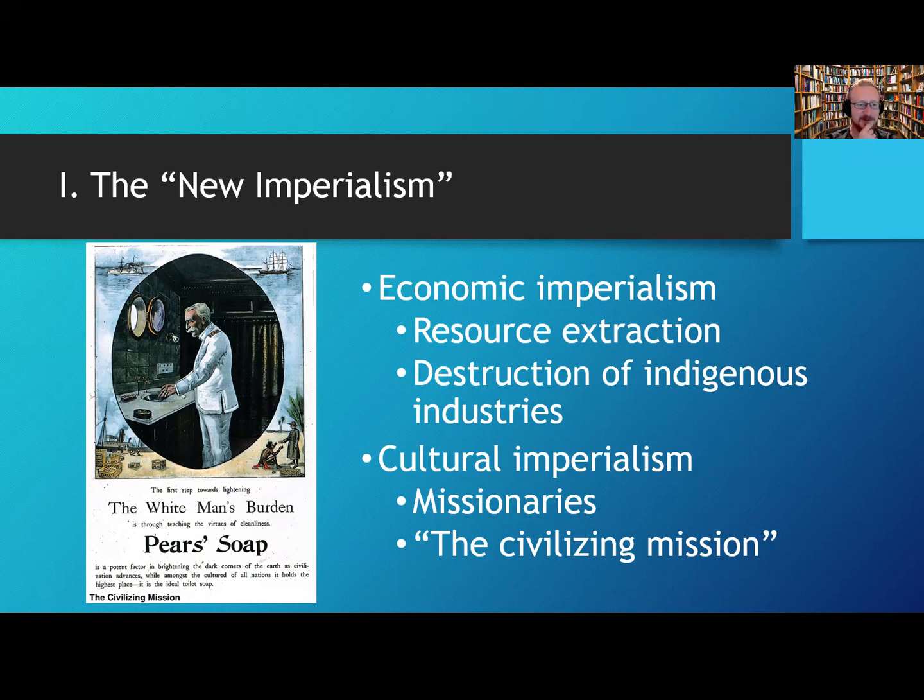The first step towards lightening the white man's burden is through teaching the virtues of cleanliness. And this idea of the white man's burden, that we have a moral obligation to save the rest of the world from themselves because they're stupid and non-Christian and not white, is a pervasive idea throughout this period of imperialism.